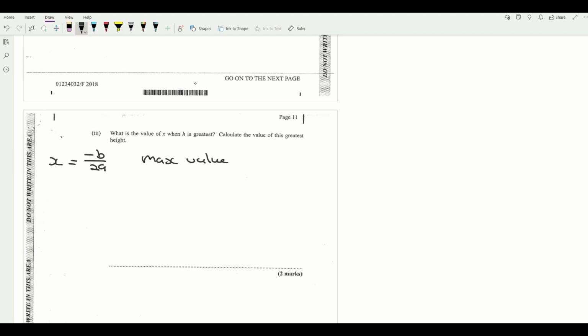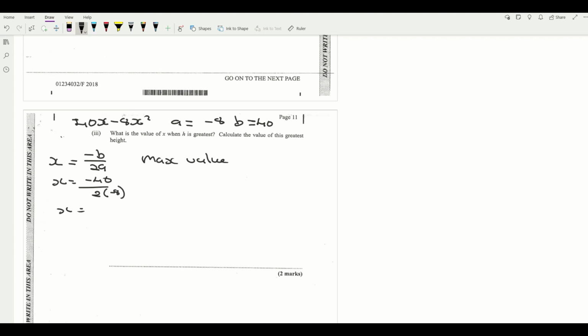So we know that your function is 40x minus 8x squared. So a is the coefficient of x squared, which is minus 8, and b is the coefficient of x, which is 40. So x would be equal to minus 40 over 2 by minus 8.